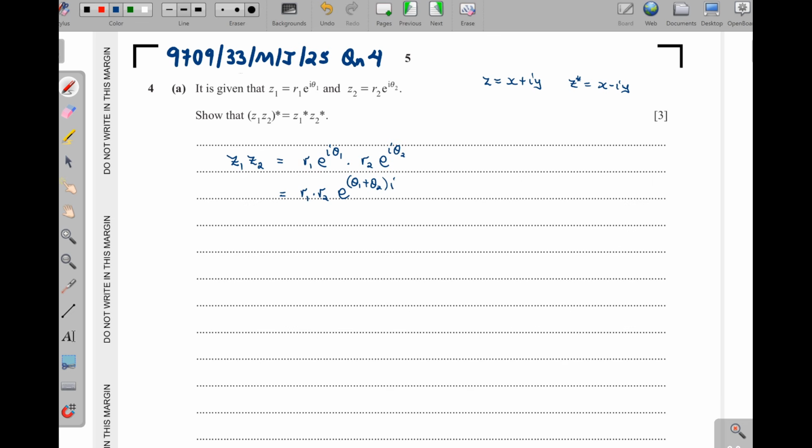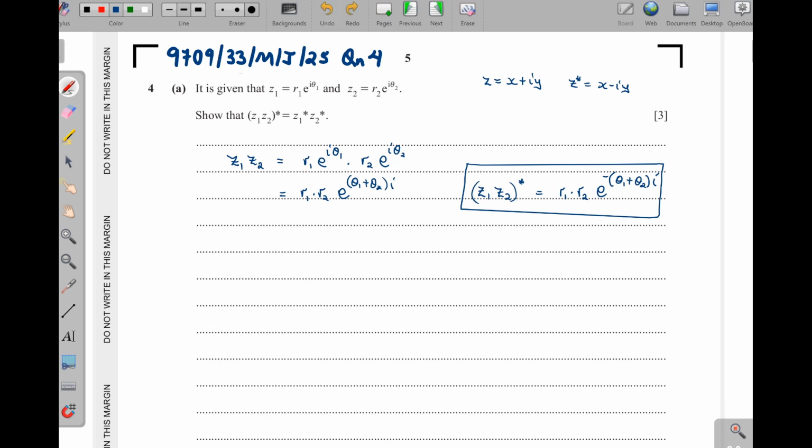And from here, the conjugate of z1 z2 is going to be r1 times r2, then e to the power of, you just negate the imaginary part. So we shall put a negative here, and then theta 1 plus theta 2, then i. Okay, as simple as that.